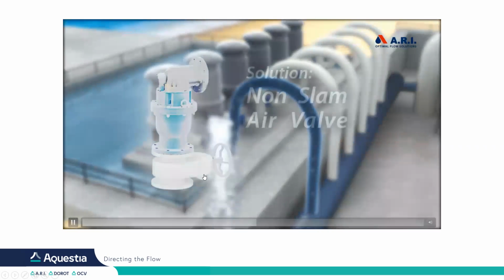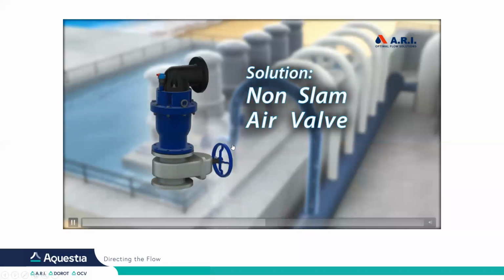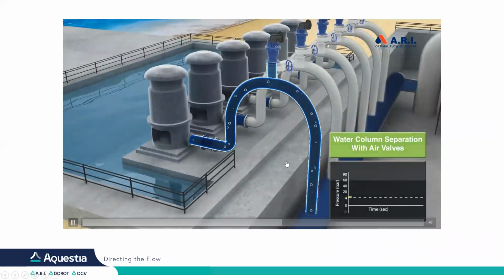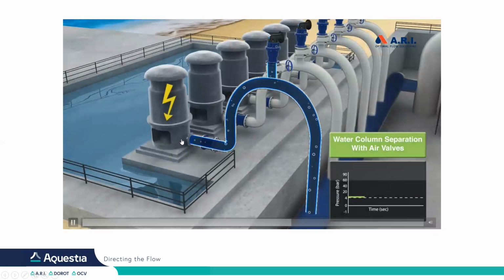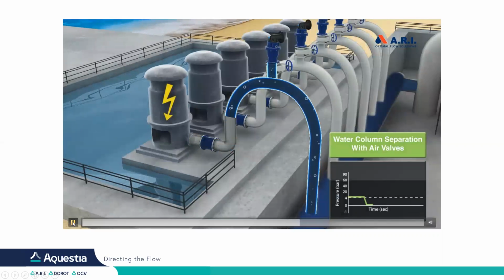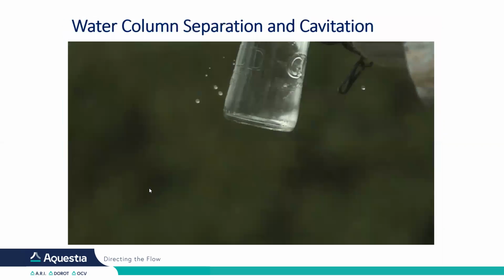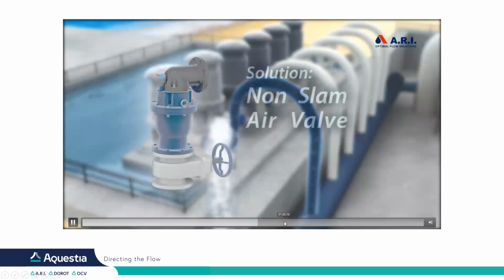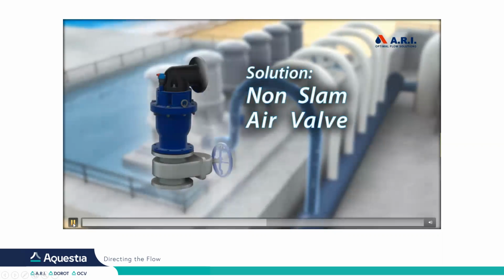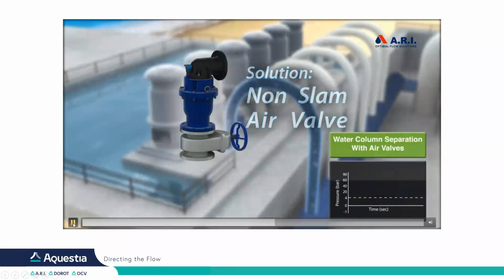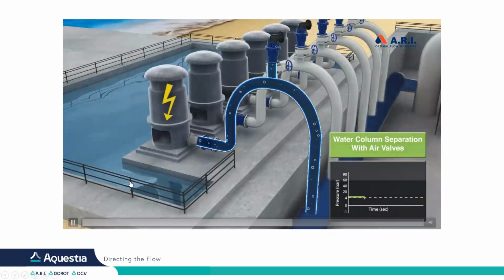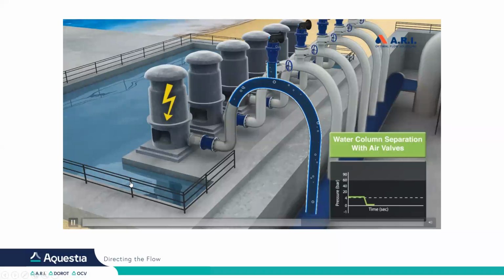Okay, and one of the solutions is placing a non-slam air valve. Now, when the pump stops, you have the water column separation. What happens here?